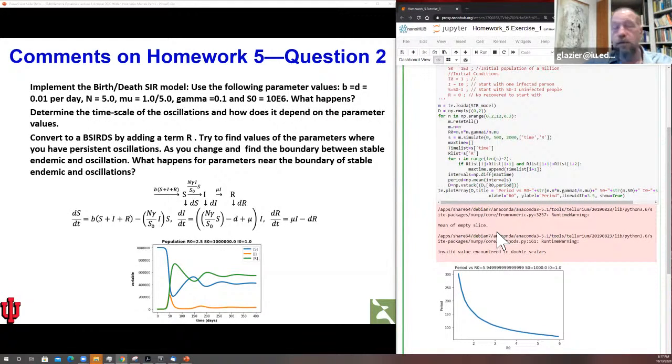That's what that error is about. I could fix that by having something that said that if interval is empty, I don't do these calculations. Fortunately, Python is forgiving, and so it's not causing a problem.